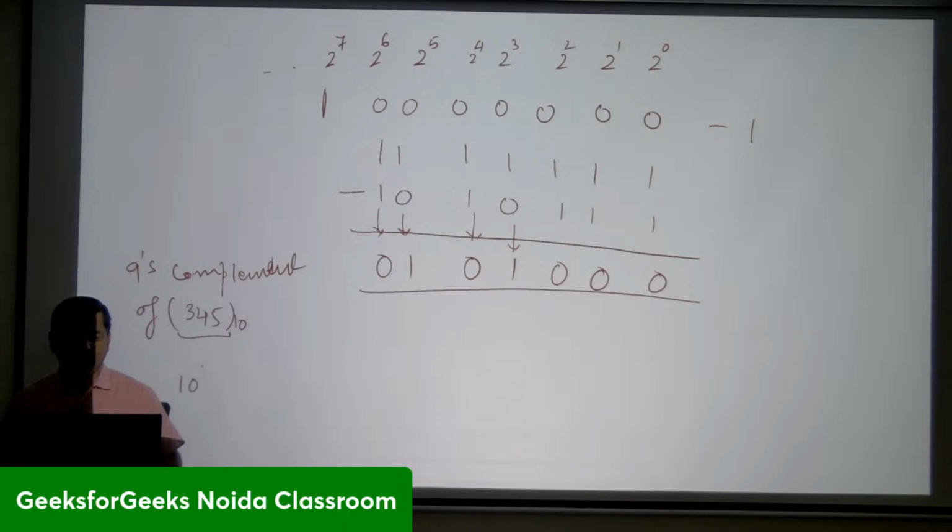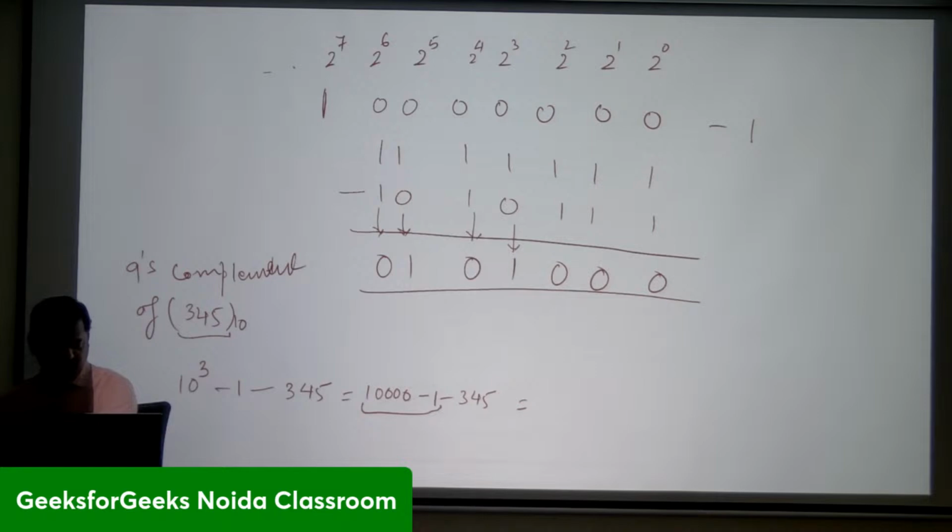So we have to compute 10 to the power 3, minus 1, minus the value 345. 10 to the power 3 is 1000.